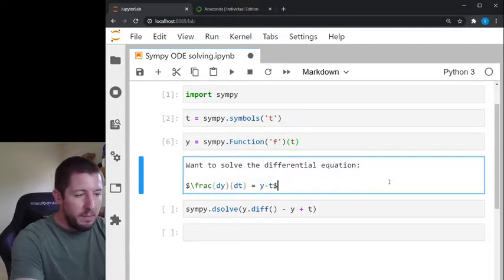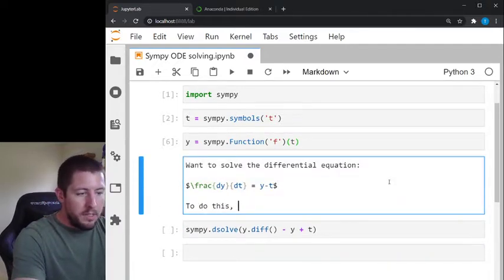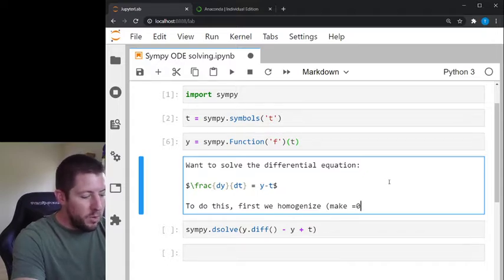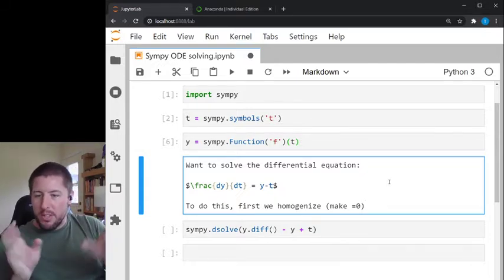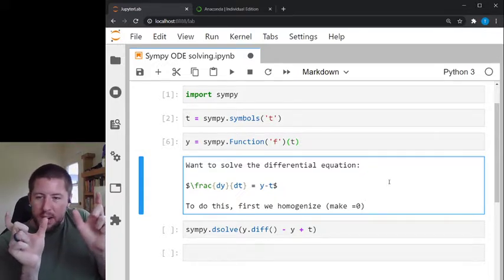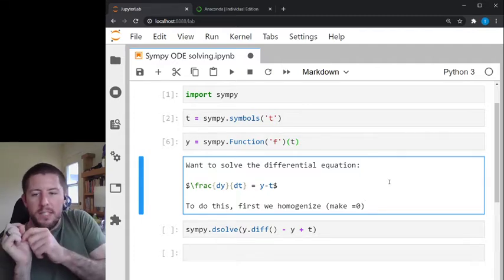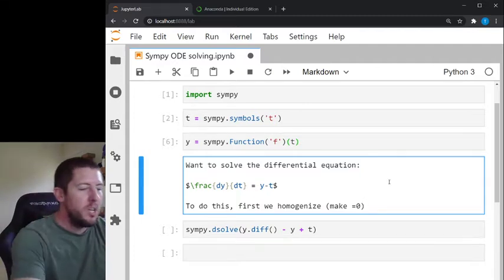So what I'm going to do now is say, to do this, first we homogenize. By which I mean we make it equal to 0, right? To homogenize an equation is to make it well mixed. So it's like mixing the two sides together. So that really means push all terms to one side so that the equation is equal to 0.